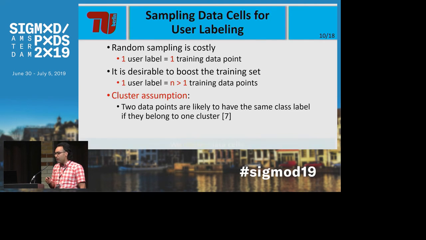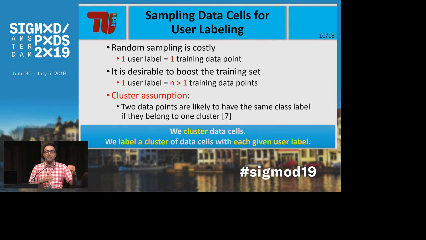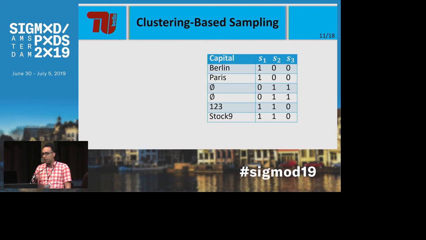That's why we cluster the data cells in each column based on the expressive feature representation that they have. Let's review this process on our simple example. Remember, we featurized our data cells in our table. For sampling some data cells, we first cluster these data cells inside our column.